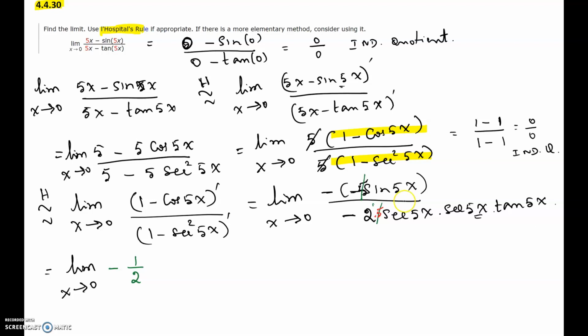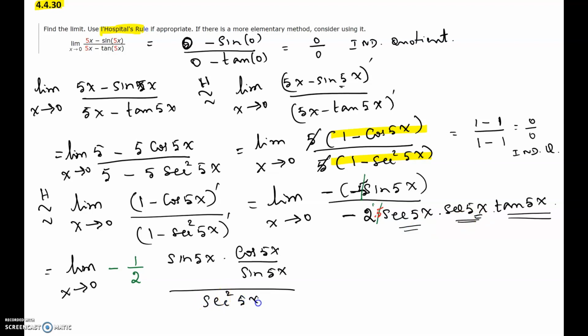It is sine of 5x on the numerator, then we have tan of 5x in the denominator, which is sine of 5x over cosine of 5x. If you flip and multiply, that's cosine of 5x over sine of 5x, or you can consider this as 1 over tan, which is cotangent 5x, which is cosine over sine, divided by, and you're left with secant square 5x in the denominator.